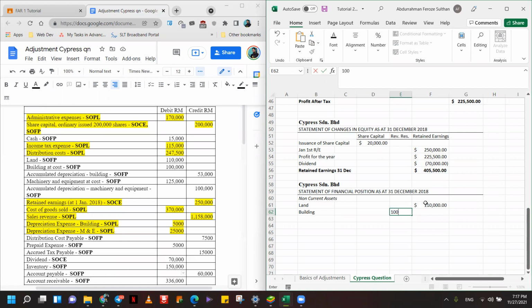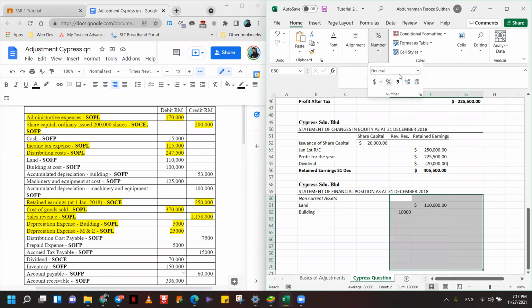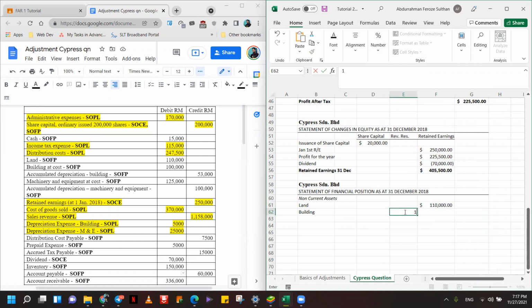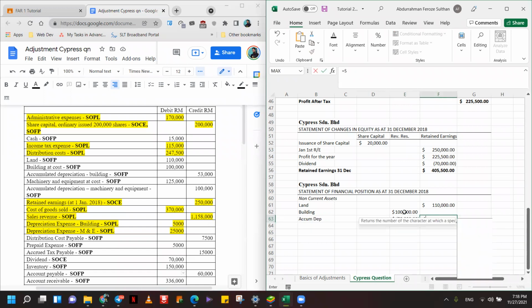So building is 100,000. But then we have the accumulated depreciation. So this must be minus accumulated depreciation, minus 53,000 here.